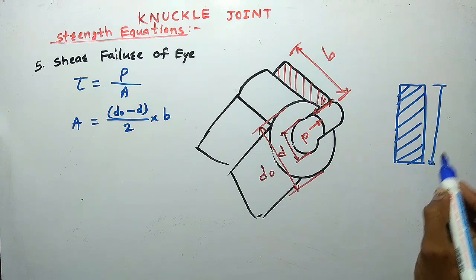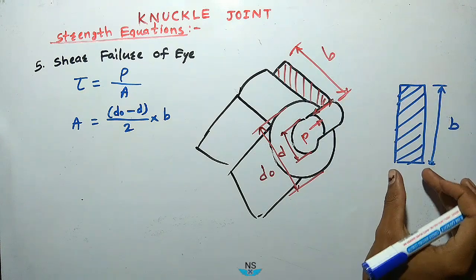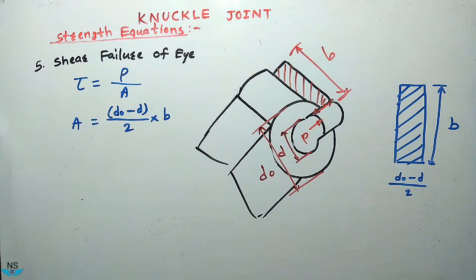So this is thickness B, and this dimension is D naught minus D divided by 2. So this is the area of failure.